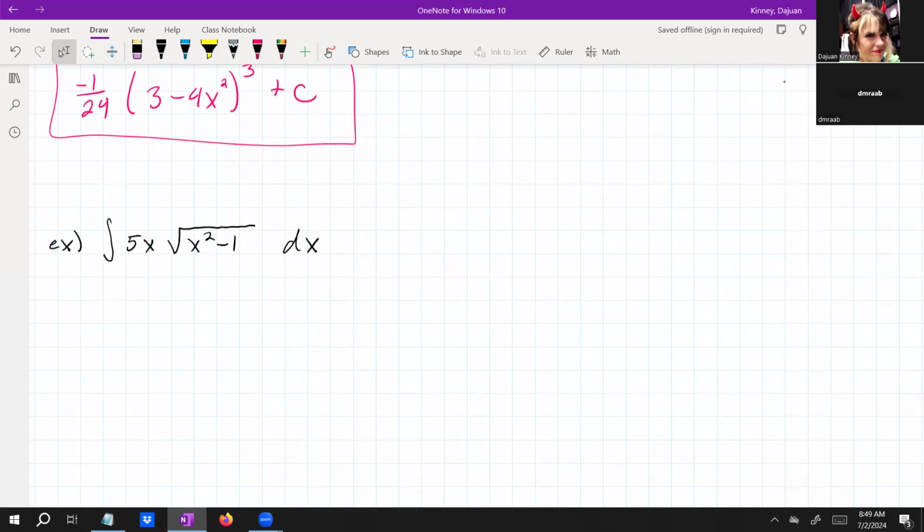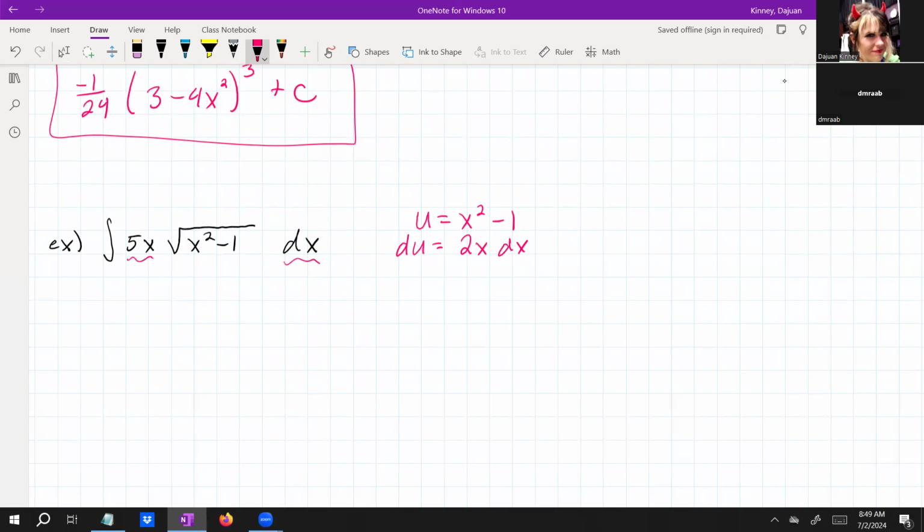Okay. Again, I see something and almost its derivative within a constant. So there's my u. Then my du is just 2x dx. And I almost have that on the inside. So I have a 5x dx.